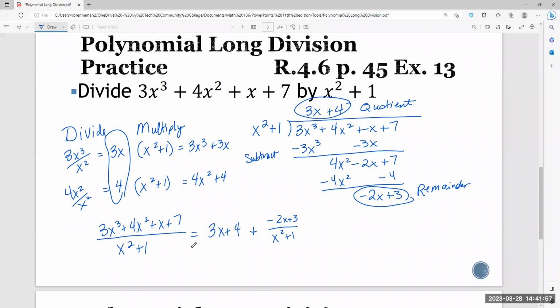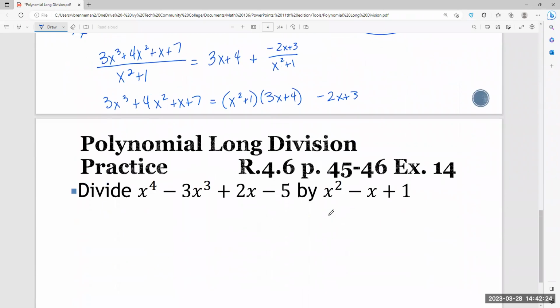Or I could also multiply both sides by x squared plus 1. This means 3x cubed plus 4x squared plus x plus 7 could be written as x squared plus 1 times 3x plus 4, with an extra minus 2x plus 3 on the result.